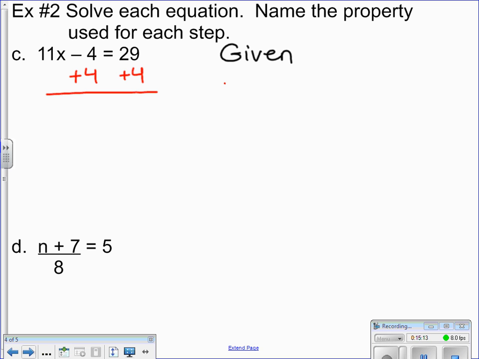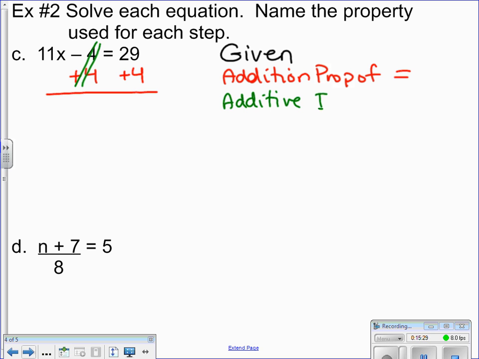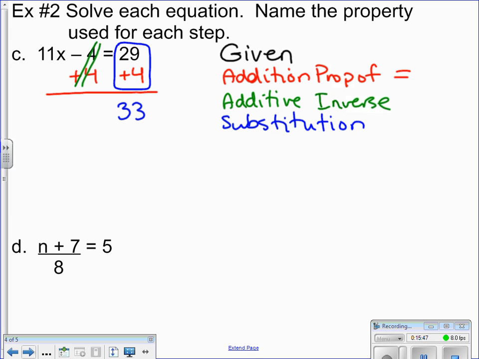So adding 4 is the addition property of equality. Actually crossing out these 4's, additive inverse. Good. And then doing 29 and 4 makes 33. Substitution again. How do we get rid of that 11?